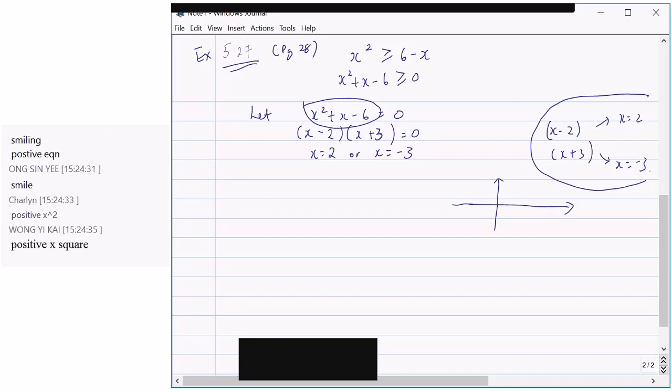What are the two x-intercepts? I think I lost someone.